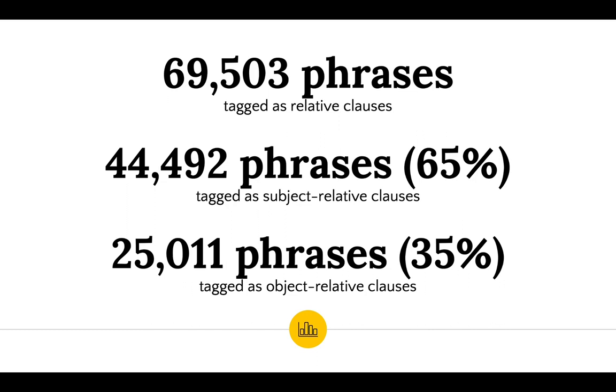In order to probe into the influence of frequency in relative sentence comprehension, the author created a corpus containing 69,503 relative clauses. 65% of them are subject-relative clauses and 35% of them are object-relative clauses.